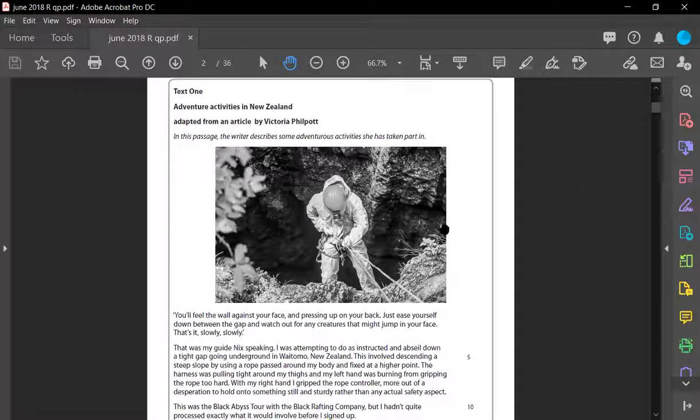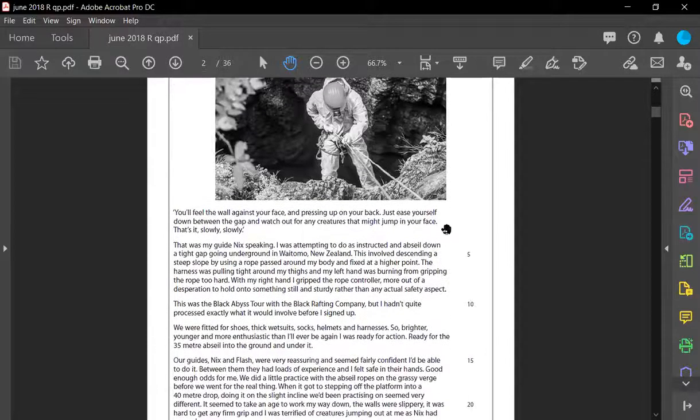I was attempting to do as instructed and had abseiled down a tight gap going underground in Waitomo, New Zealand. This involved descending a steep slope by using a rope passed around my body and fixed at a higher point.